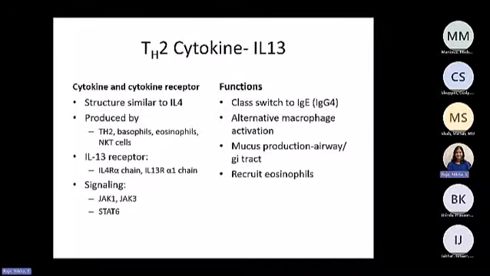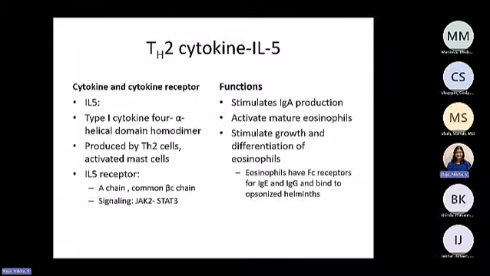Signaling through the same JAK-STAT pathway, JAK1 and JAK3 and STAT6, helps in transcription of genes that make proteins that help in the function of IL-13. IL-13 helps in class switching to IgE and IgG4, alternative macrophage activation, helps in producing mucus, important in airways and the GI tract, and then helps in recruiting eosinophils.